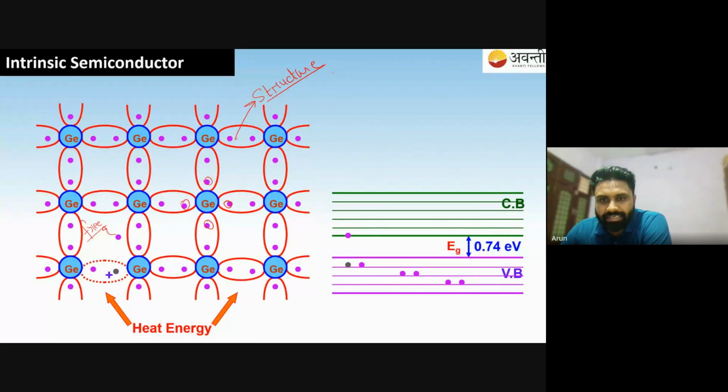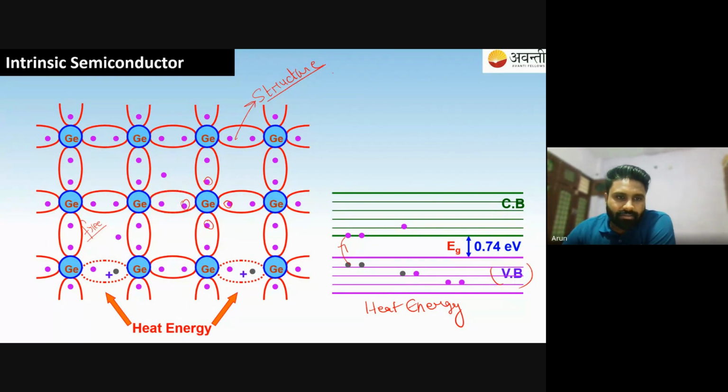As you can see here, this electron from the valence band jumps right into the conduction band after getting the heat energy. Then another electron goes up, and this process takes place.